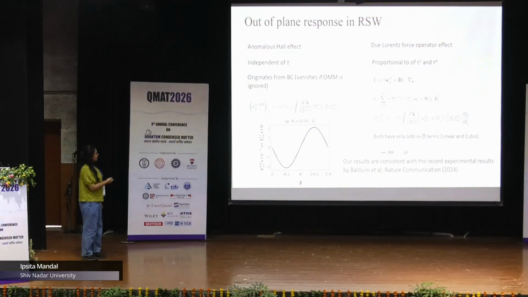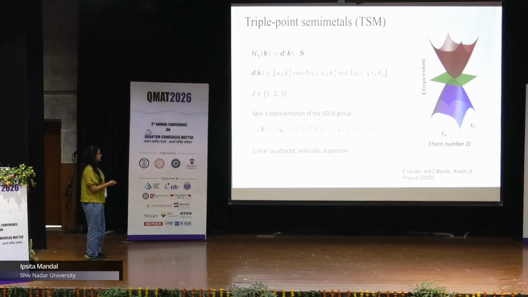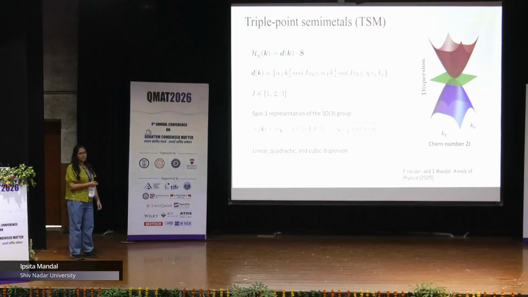For the out of plane response and anomalous Hall effect, we have kept the strain to be 0 because we wanted to see if our results match the experimental data. So this Nature Communications paper has done some experiments on cobalt silicide, and our theoretical results qualitatively match their experimental results. Next I will talk about triple point semimetals.